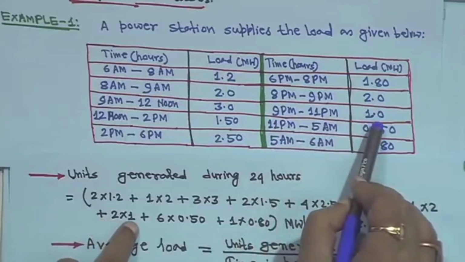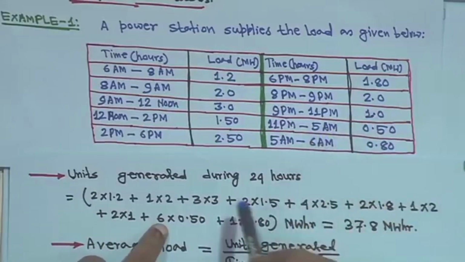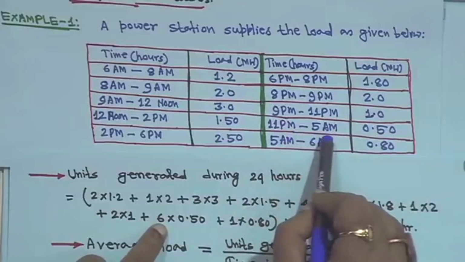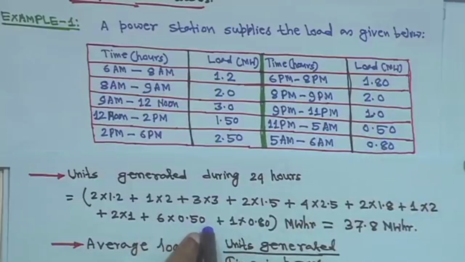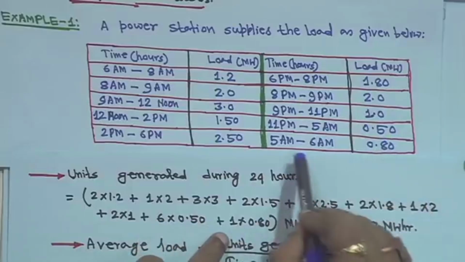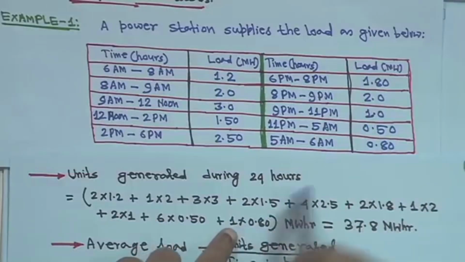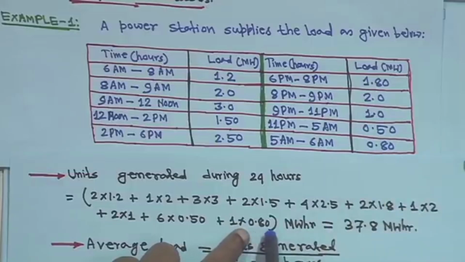So, 2 into 1 plus 11 pm to 5 am, that means 6 hours, load is 0.5 megawatt. So, 6 into 0.5 plus 5 am to 6 am, that is 1 hour, load is 0.8. So, into 0.8, this much megawatt hour.